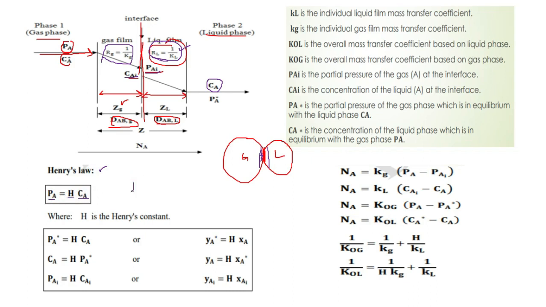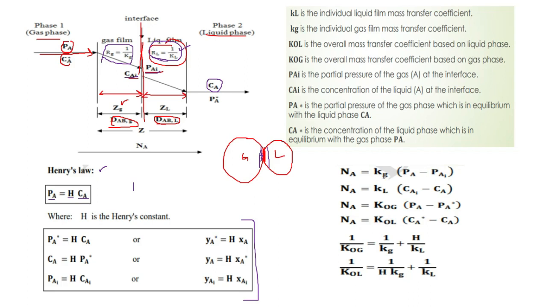It says that partial pressure of A is directly proportional to the concentration of A. Higher the concentration of A means higher the partial pressure of A. These are the different expressions used to represent this Henry's law.